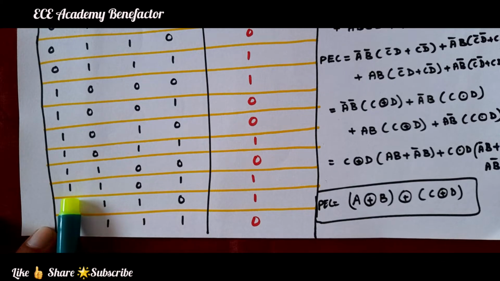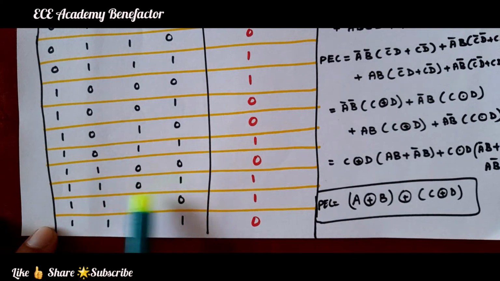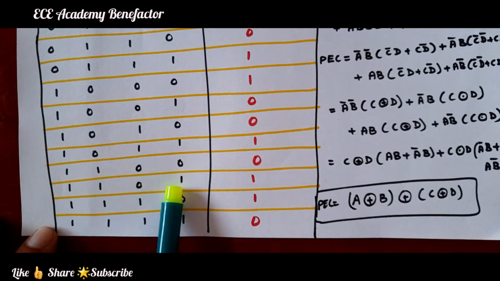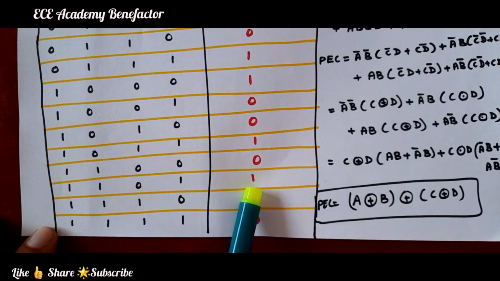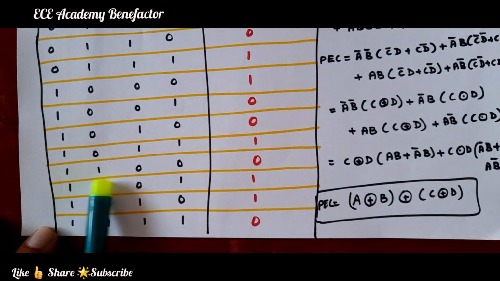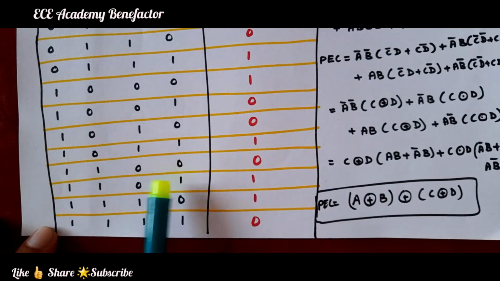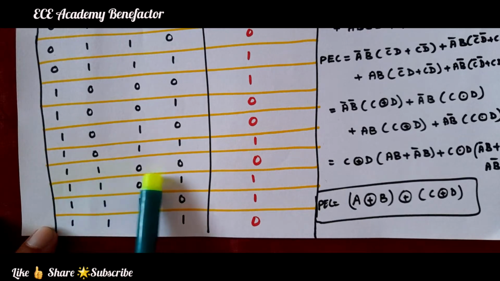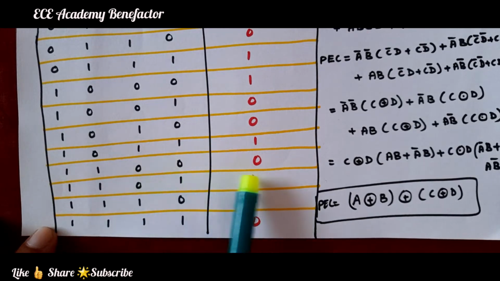In this message 1101, 3 ones, odd number of ones means an error is there. Error is there means it is indicated by high 1. Now in this message 1100, even number of ones means no error. No error means 0.